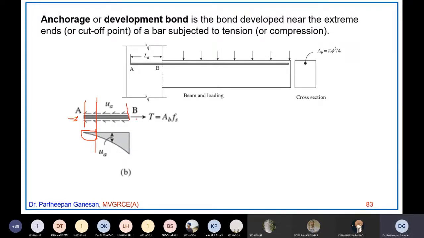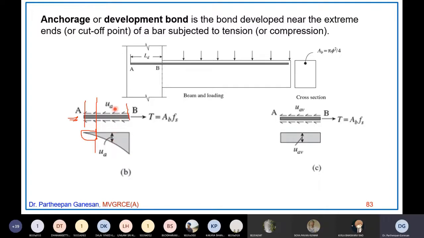But you can take this as a uniform average bond stress, U average. We are assuming an average uniform distribution, and here you see U average, the average bond stress. This is called average bond stress. This is the exact stress here.